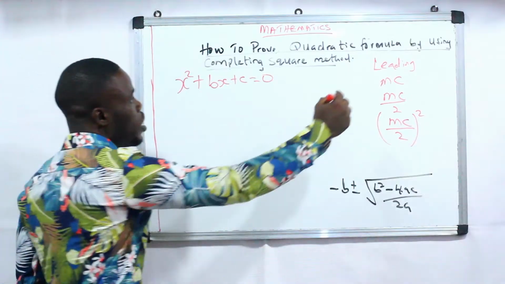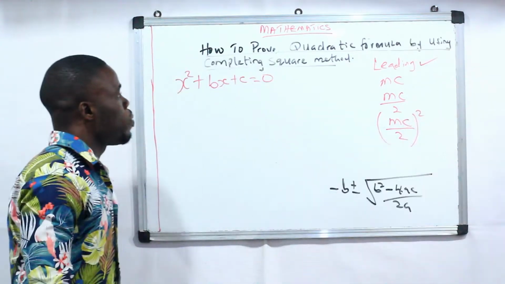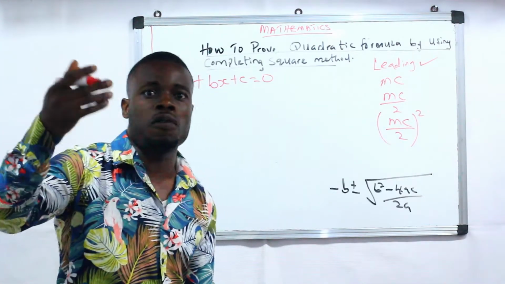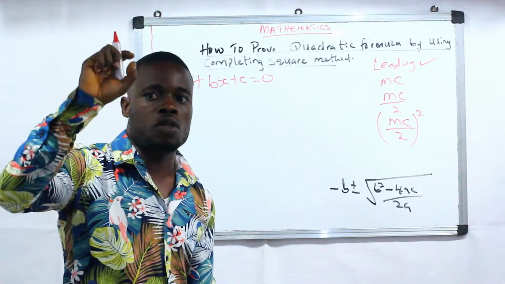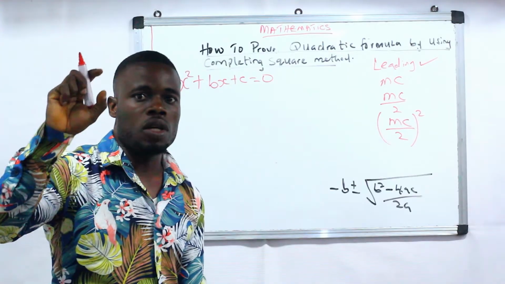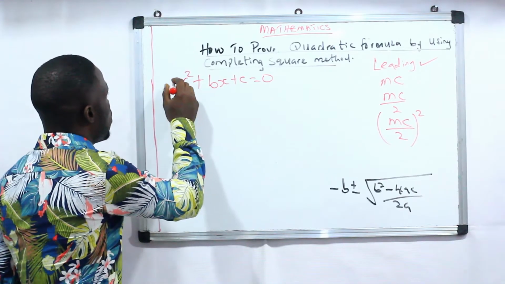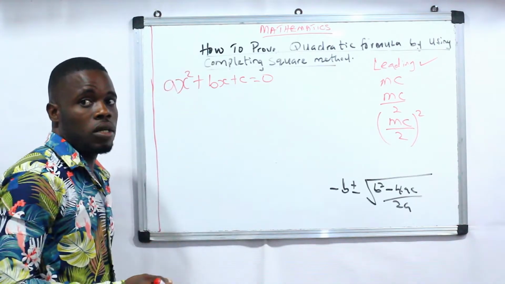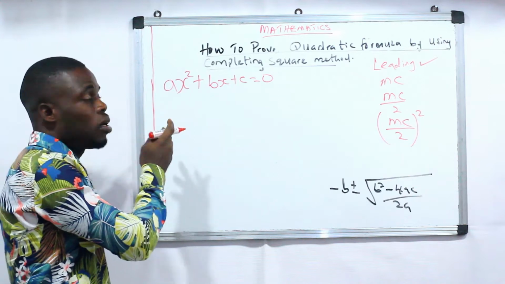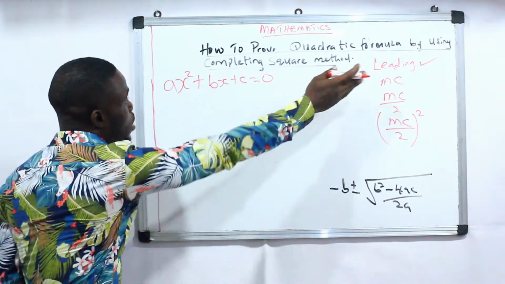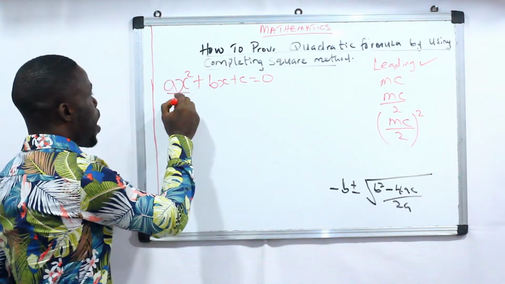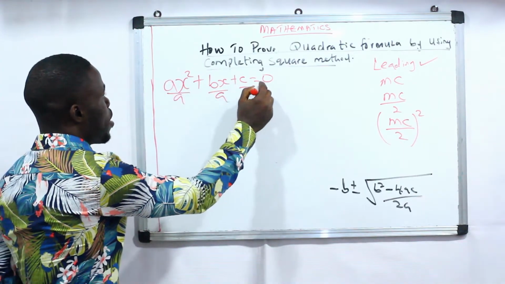So the first one is the leading. The leading simply means the first number given to us. The first number here is a, in ax squared, and I'm going to divide every term by the leading. Divided by a, by a, by a, by a.